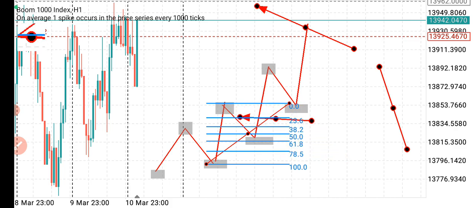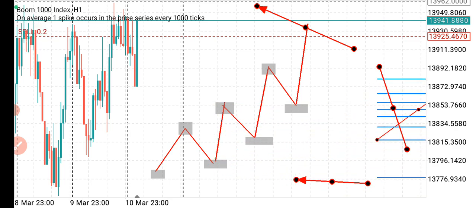So if this should have closed below 100, the 100% retracement, we will say it has broken structure, or we say it's a change of structure. Okay, that is as simple as it is.